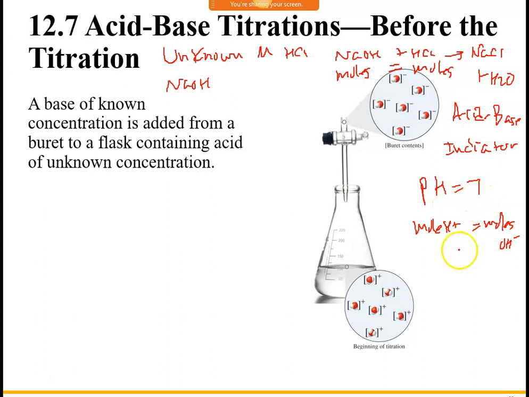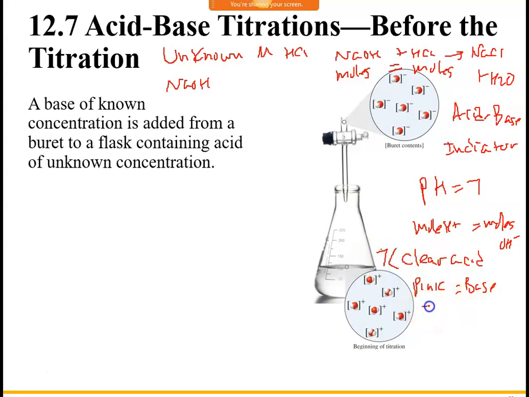Okay, and we actually have an indicator. It's called phenolphthalein. It's an organic molecule, and it's clear when we're in acid, and it turns pink when we are in base. All right, so when we are underneath, so less than a pH of 7, it's clear.